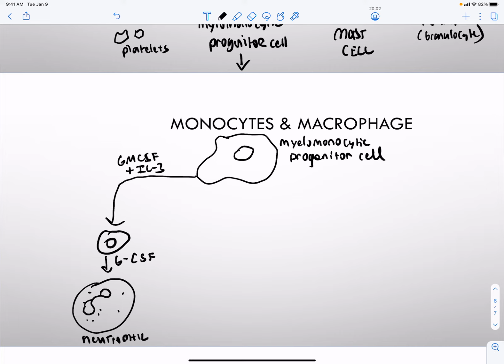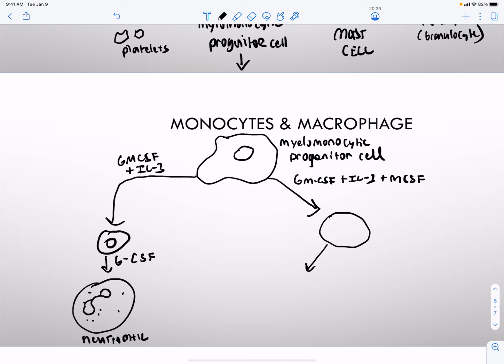And then if you have GM-CSF with your IL-3 and monocyte colony stimulating factor, then this is going to lead to the branch that makes your macrophages and your dendritic cells.